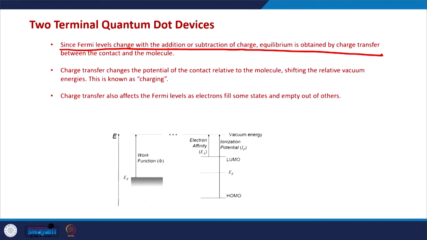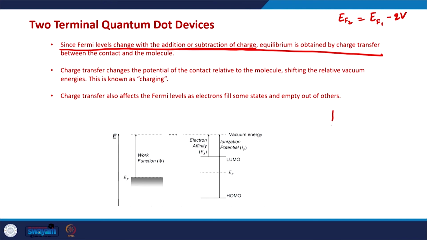So, which means that now we need to have a rearrangement of charges between the two systems, between the metal and the quantum dot or the molecule, and the Fermi levels, if you remember, actually depend on the applied voltage as well.